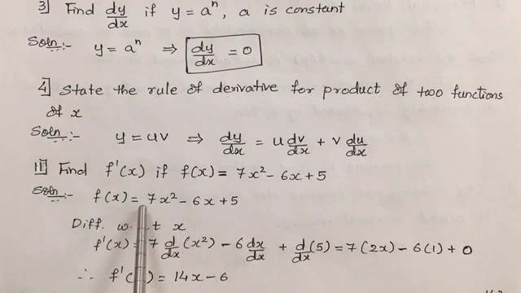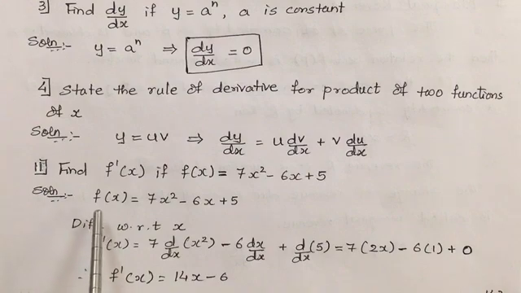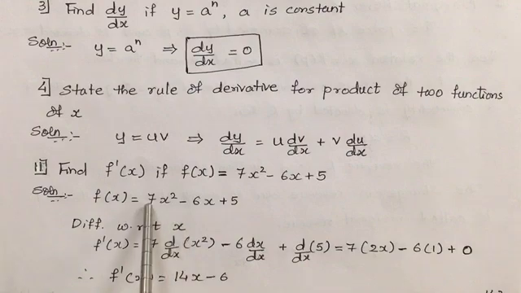Now taking up f(x) and differentiating with respect to x, f will get converted to f dash. 7 is as it is, because it is a constant, it is taken out of the derivative.